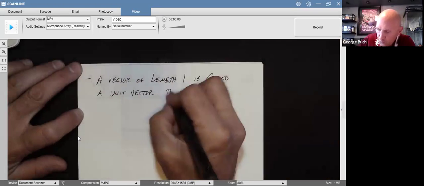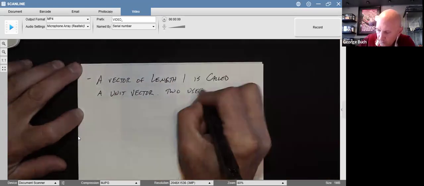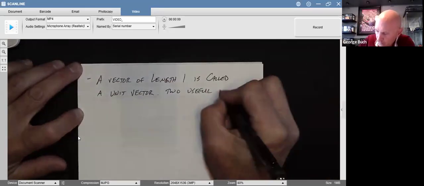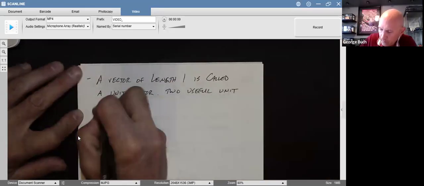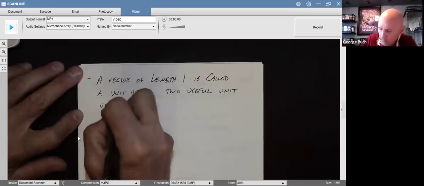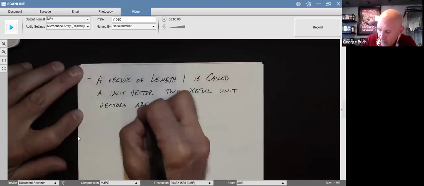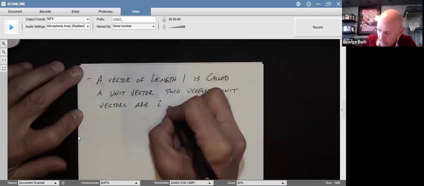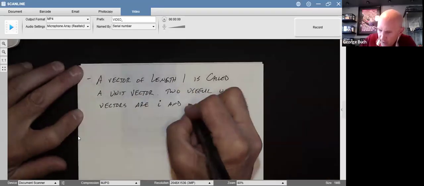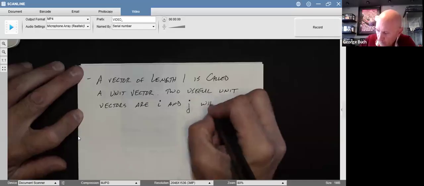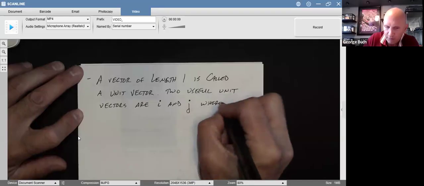And so two useful unit vectors are denoted as I and J, where we have the following.